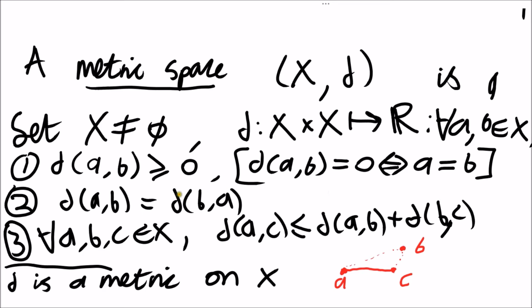A good argument for this is that you can get from a to c by first going from a to b and then from b to c, and so this distance must be less than or equal to this.